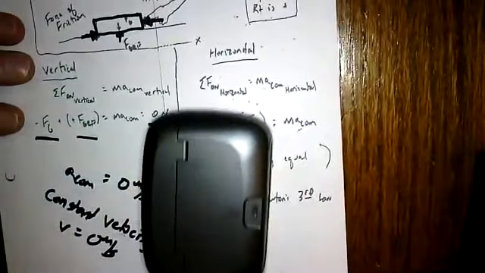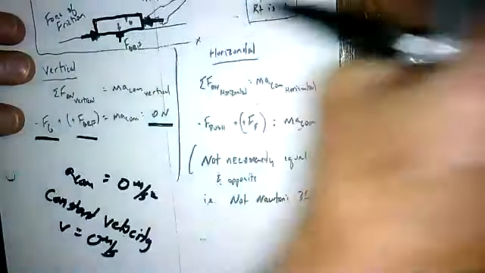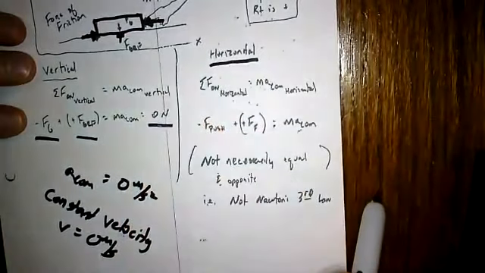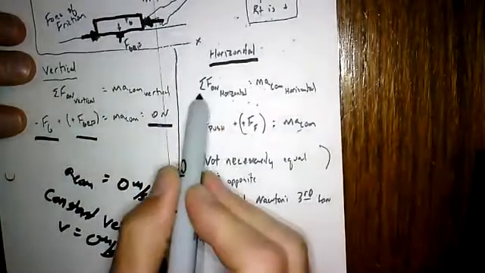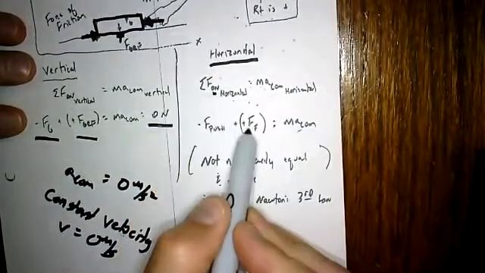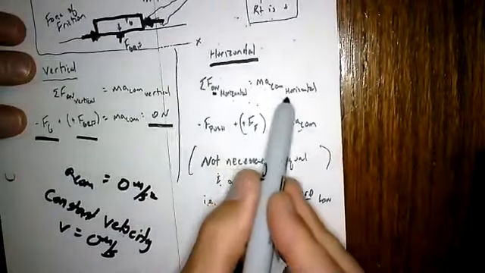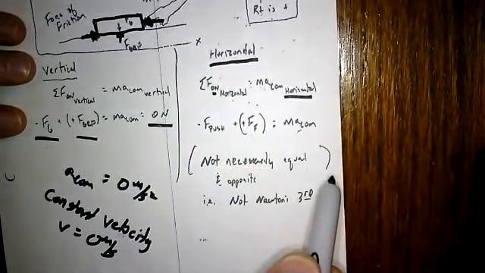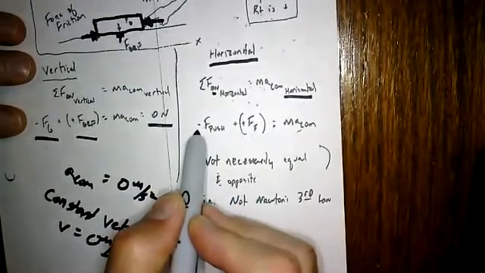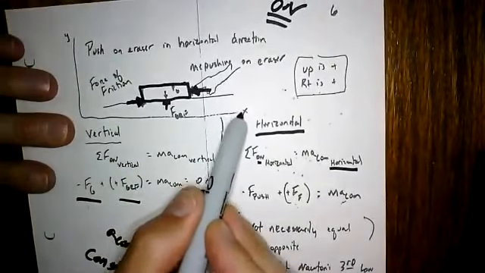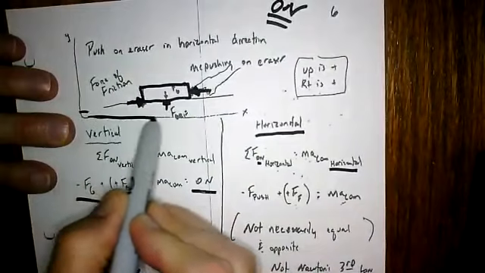Now, if we are interested in the horizontal movement, how this object is moving across the table, well, now I look at forces in the horizontal dimension. And what forces do I have acting on the object? They're going to add up to the product of mass times acceleration in the horizontal direction. So I have the push force. Now, why is it negative? Because here's my x-axis right here.